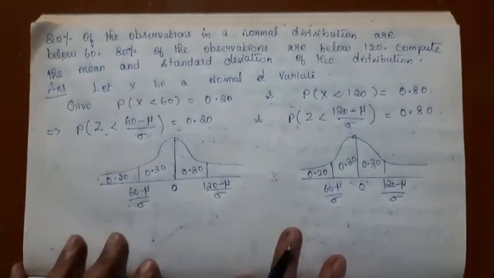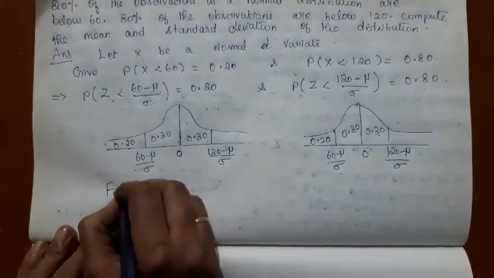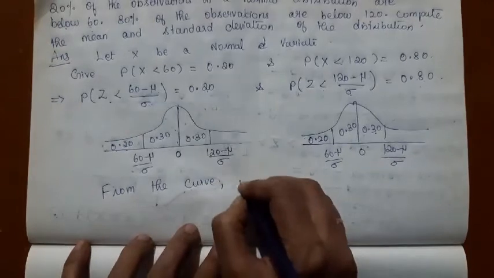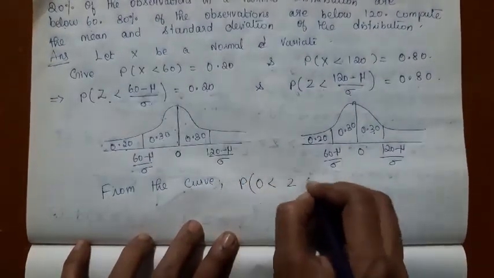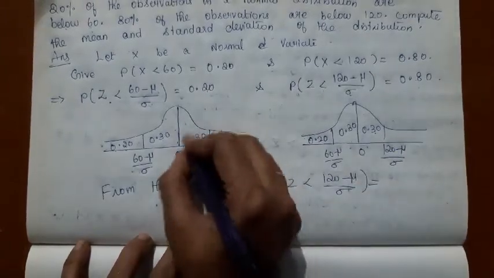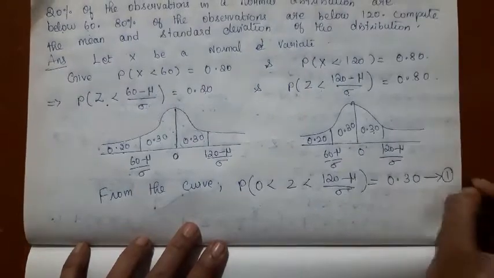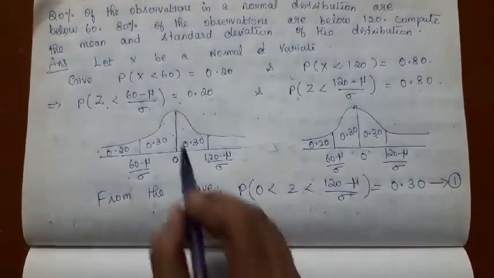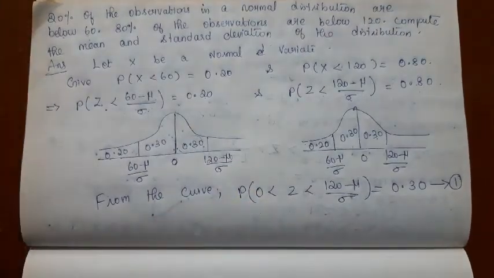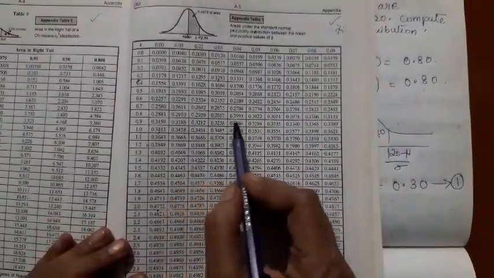Okay. See, from this graph, you take two pieces of information with 0 as the reference point. From the curve, we get the probability of 0 less than z less than (120 minus mu) by sigma is 0.30. Right? Let me take this information first. If this area is 0.30, what should be this point? I can extract that from the table. See, 0.30 is the area to be covered.